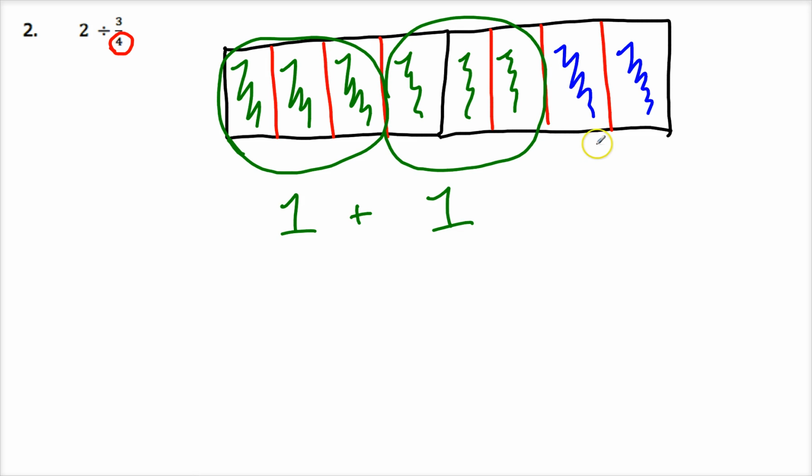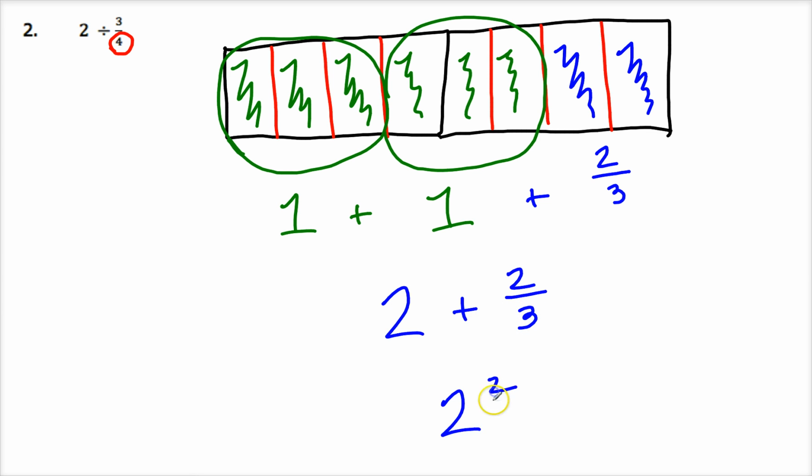So this is really 2/3 of a group. So the answer to this problem is going to be a mixed number. I have one whole group plus another whole group, so that's 2 whole groups, plus I have 2/3 of a third group. So the answer to this problem is going to be the mixed number 2 and 2/3.